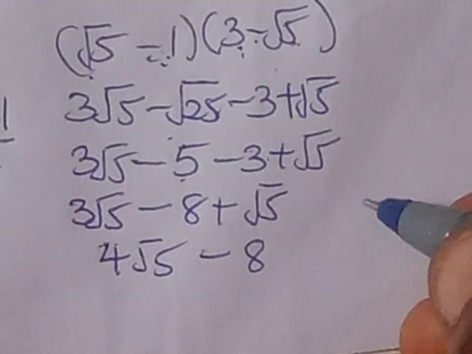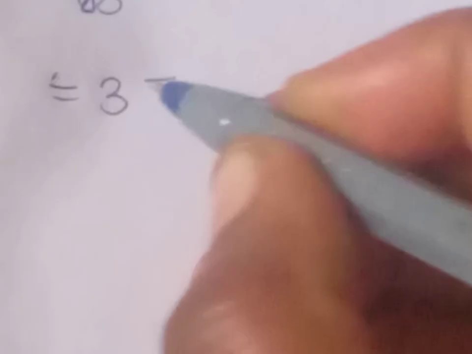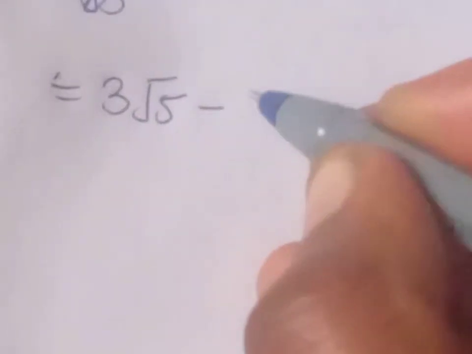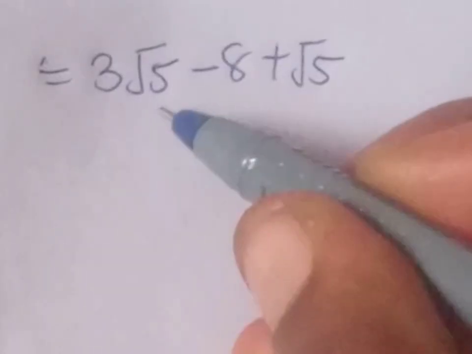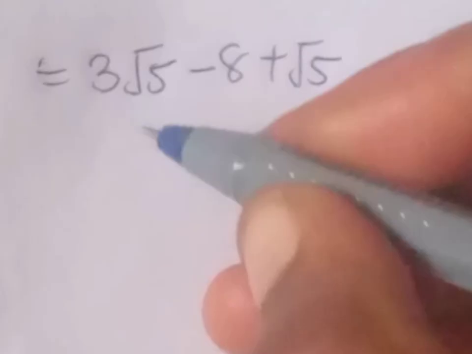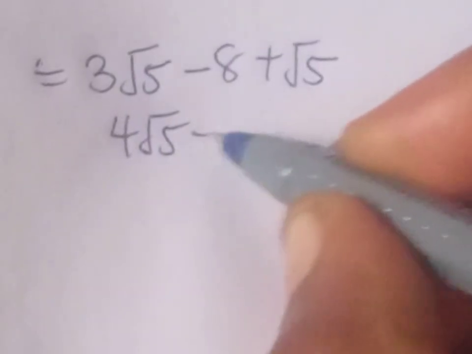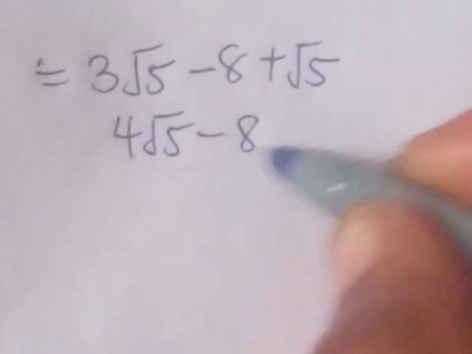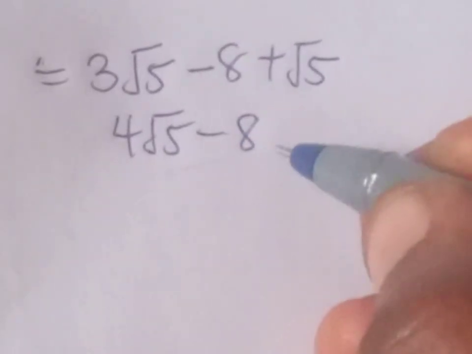So our x cube is equal to 3 root 5 minus 8 plus root 5. 3 root 5 plus root 5 will give us 4 root 5 minus 8. So here is the calculation of our numerator. Now back to the denominator.